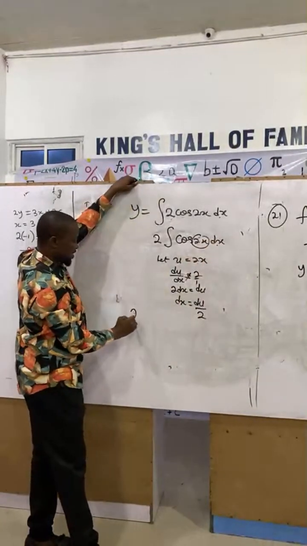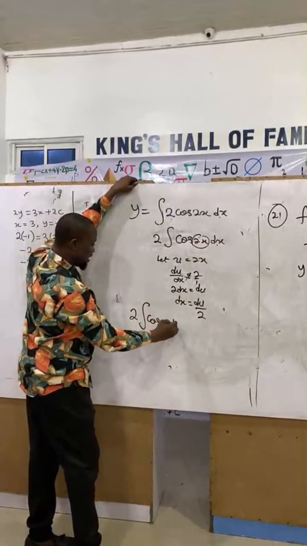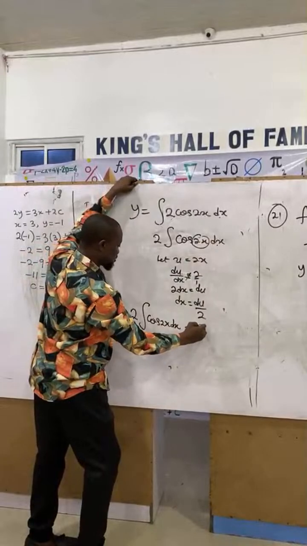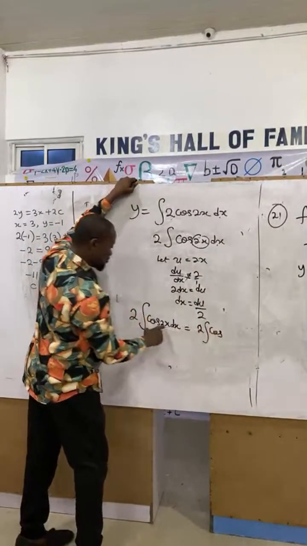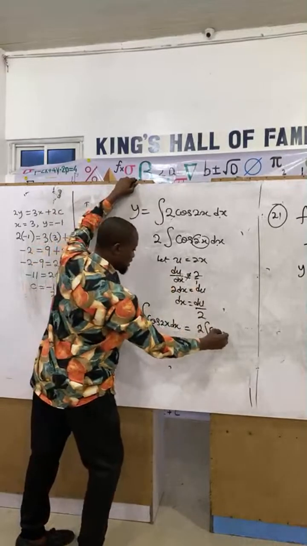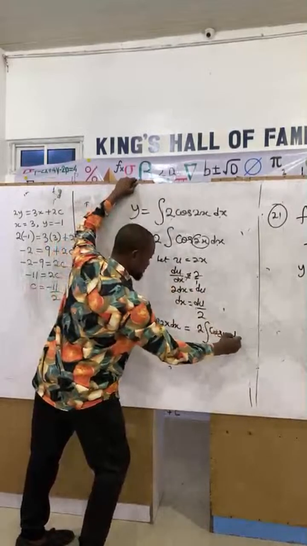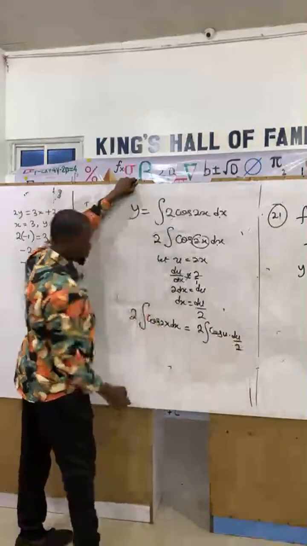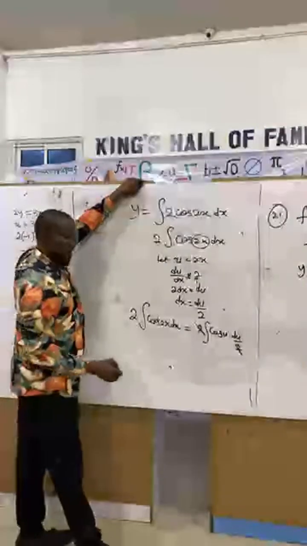So therefore I can say 2 times the integral of cos 2x dx can be equal to what? 2 into cos, what is 2x? u. And what is the dx? The du over 2. This can cancel out this. So you have what?